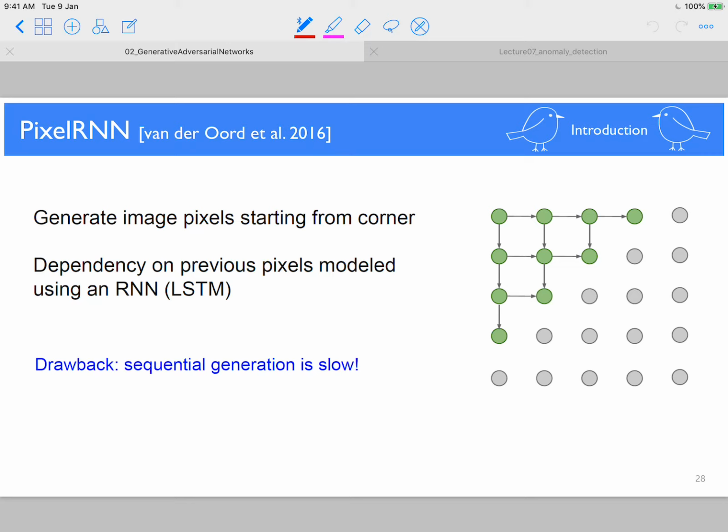Although this follows a 2D grid, it is essentially the same as the sequence generation that we are already familiar with in the context of text generation.